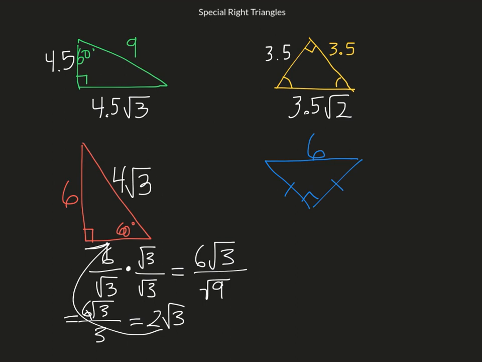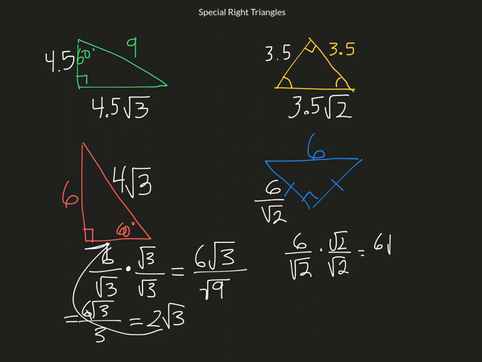All right, so both of them are 6 over the square root of 2. But again, I have to rationalize the denominator. I cannot leave it like that. That is an unsimplified fraction. So 6 over the square root of 2, we're going to rationalize the denominator. If you think you can do it without my help, pause the video and try it. We are going to multiply that fraction by the square root of 2 over the square root of 2.